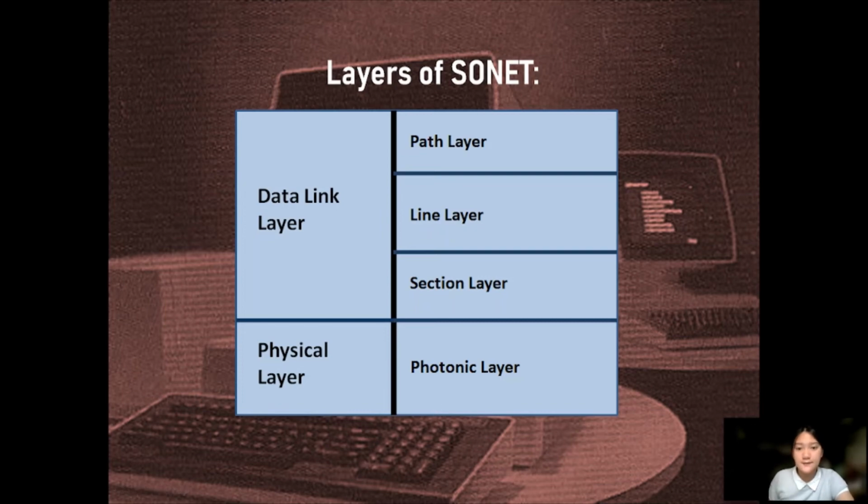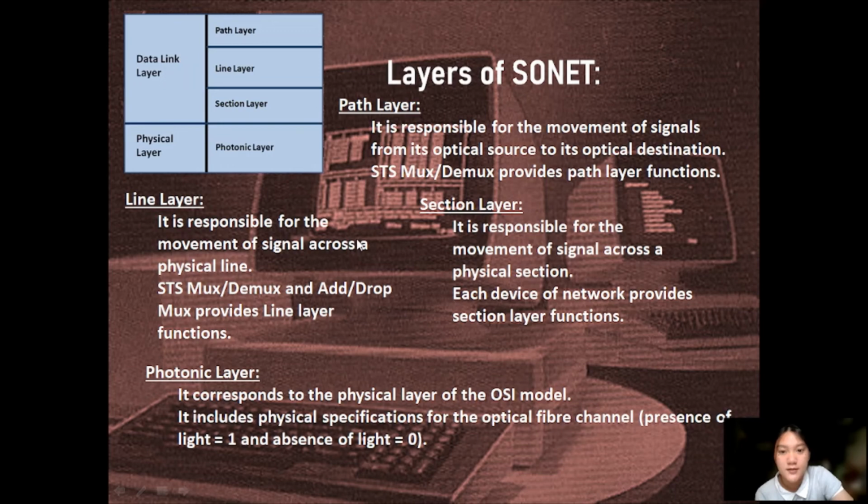Next is the layers of SONET. In the data link layer, we have the path, the line, and the section. In the physical layer, we have the photonic layer. So discussing these layers, first is the path layer. This belongs to the data link layer.